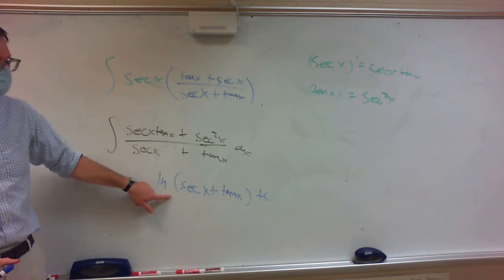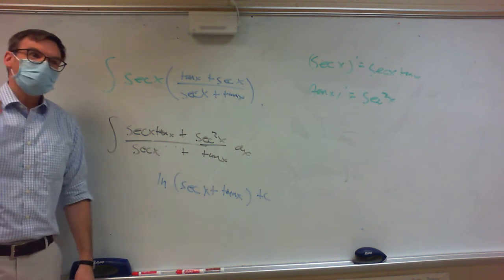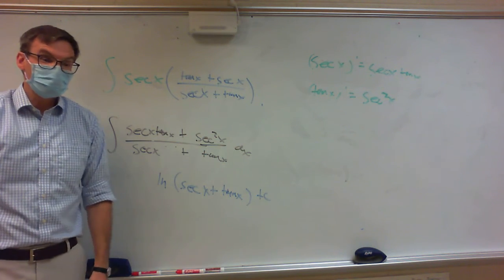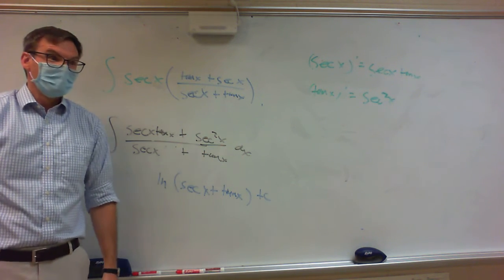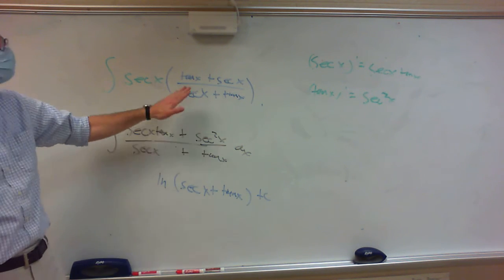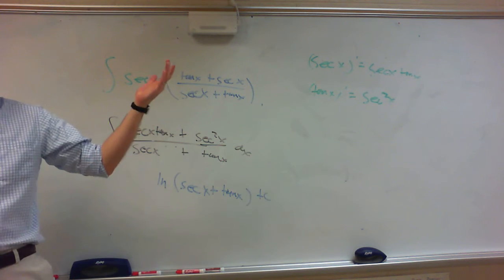And do you see how the derivative of this is going to give me that? So how do you do it? You got to know that trick, right? How did someone come up with that trick? I don't know. I would not have come up with this. I have some very smart friends that I don't think would have come up with this on their own. Someone did. Do you see why it works?